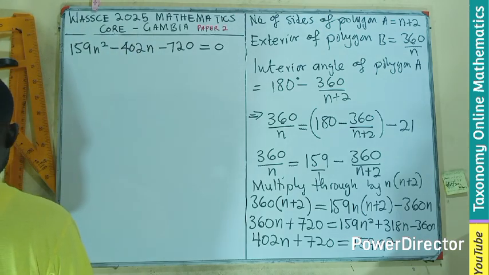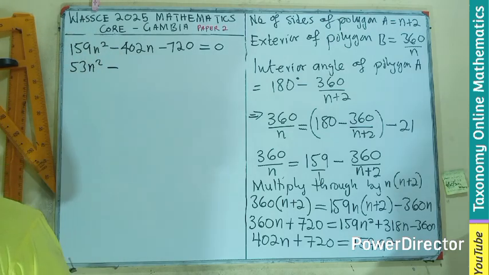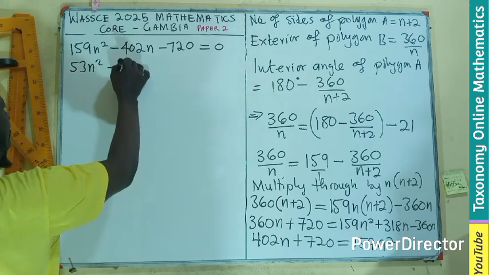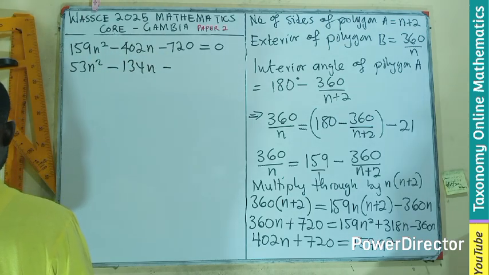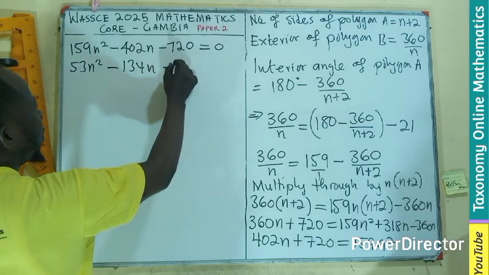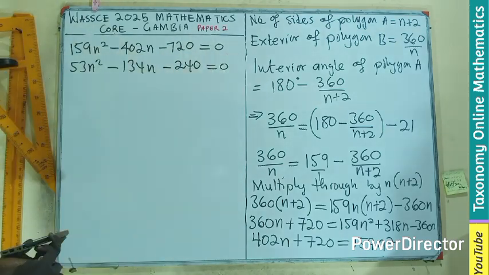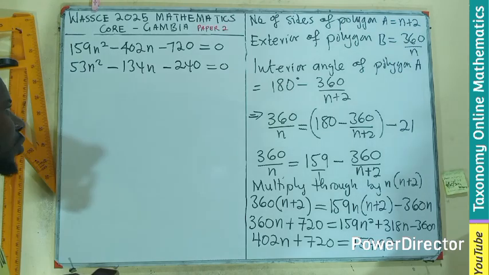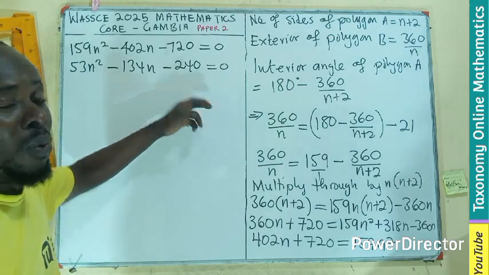So let's divide by 3 and see. This will be giving you 53n squared, this will be giving you 134n, then 720 divided by 3, 240 equals 0.